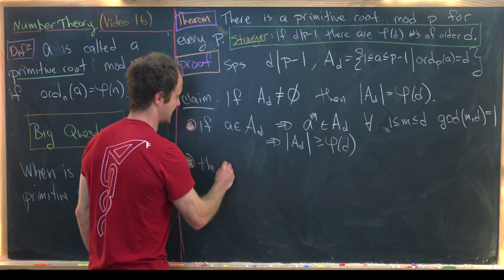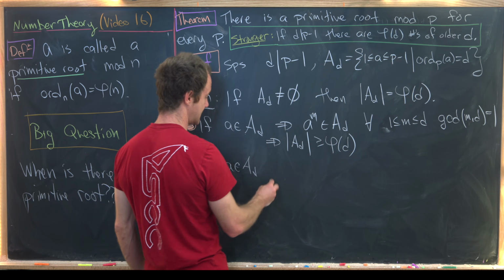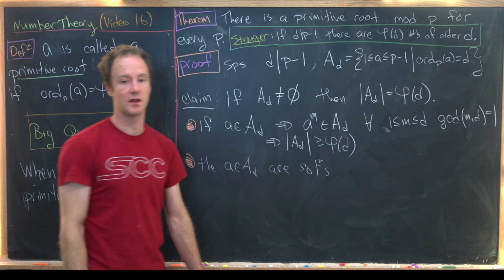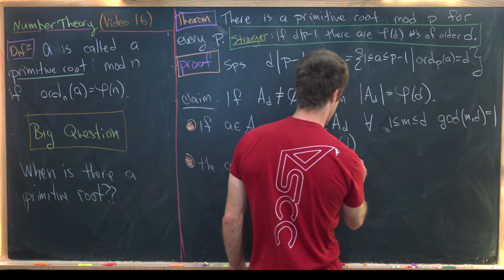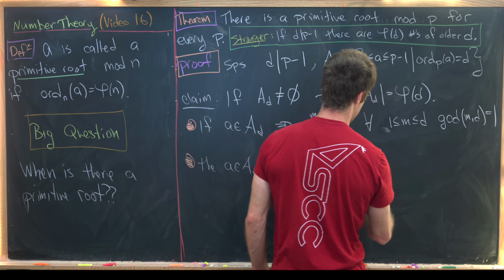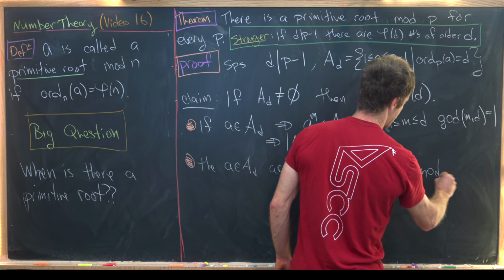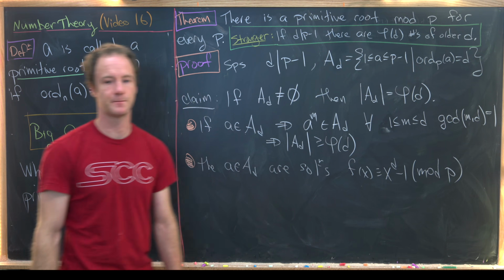So let's notice that the a in A sub d are solutions to a certain polynomial equation. And that polynomial equation, or congruence I should say, is f of x is congruent to x to the d minus 1 modulo p.